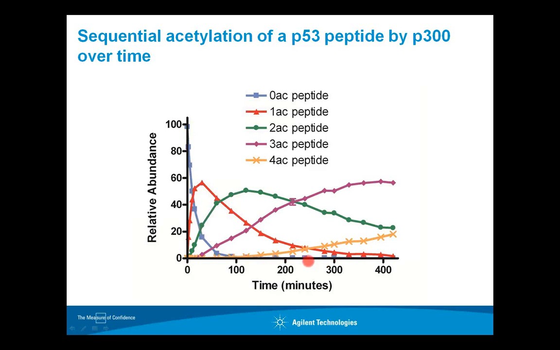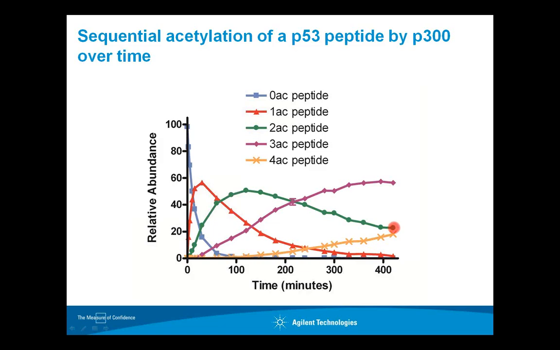And over time, the blue line decreases as acetylation is taking place. So red is 1 acetylation, green is 2 acetylation, 3 acetylation sites on the peptide, and eventually the yellow is 4 acetylation sites. So you can really see the sequential change over time.